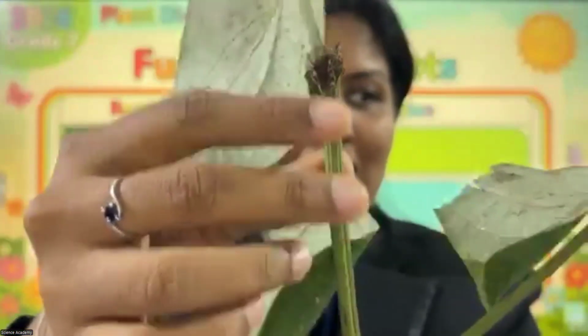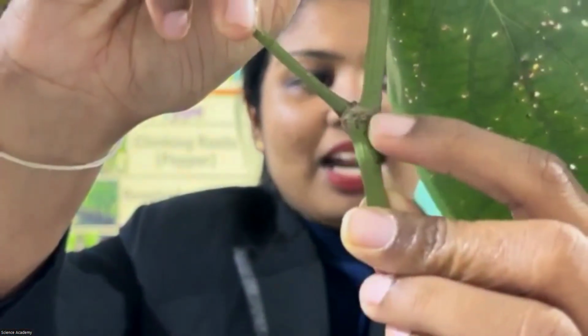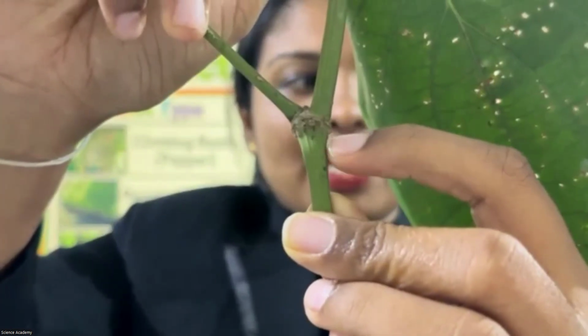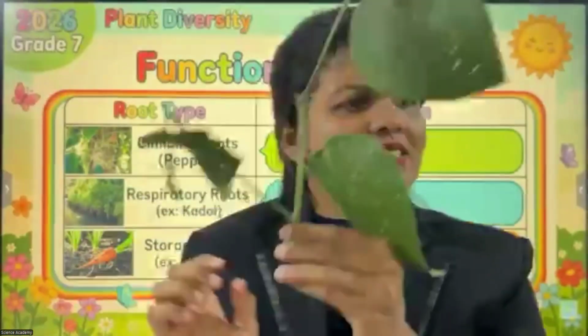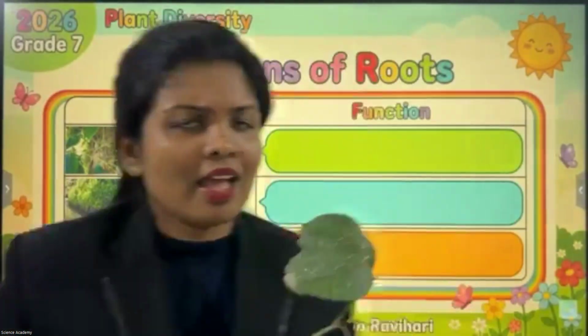Here, children, these points. Can you see the root-like structures coming out at these places? Why are these structures present?